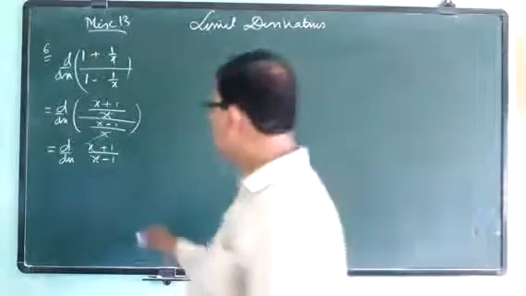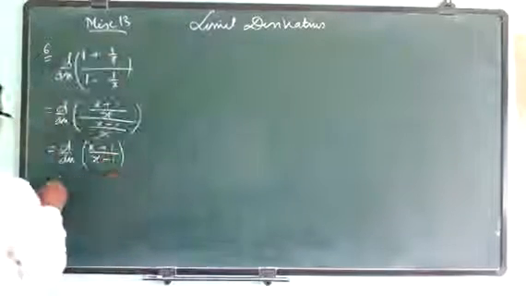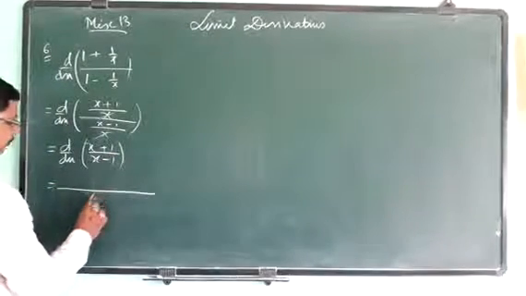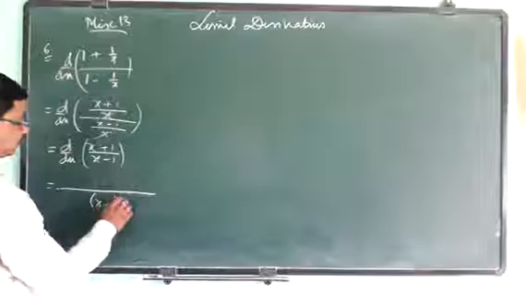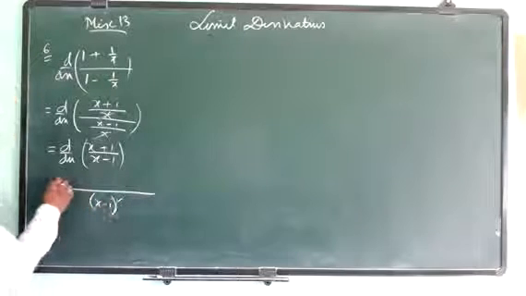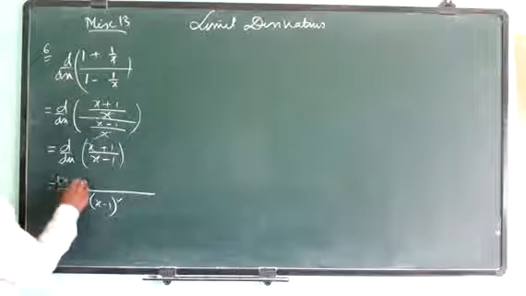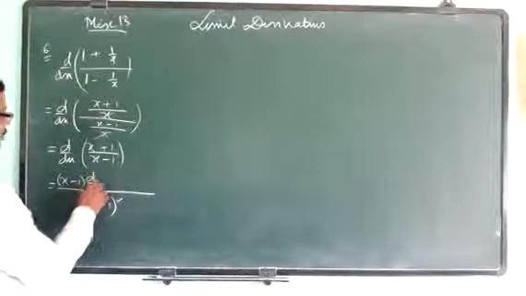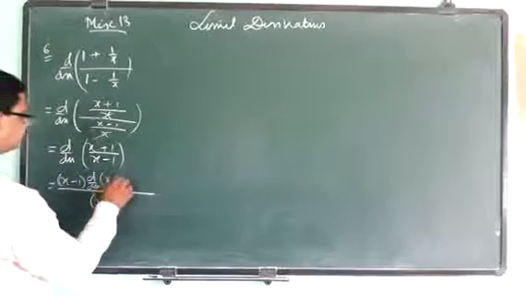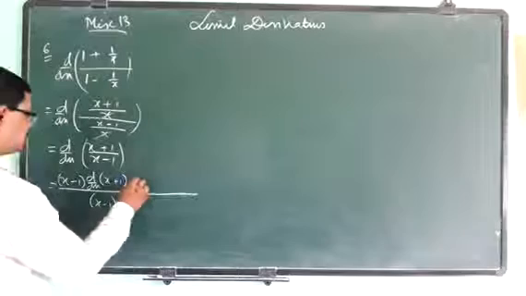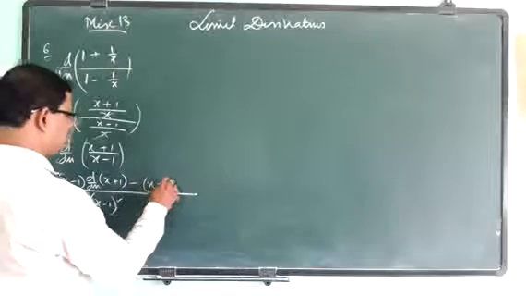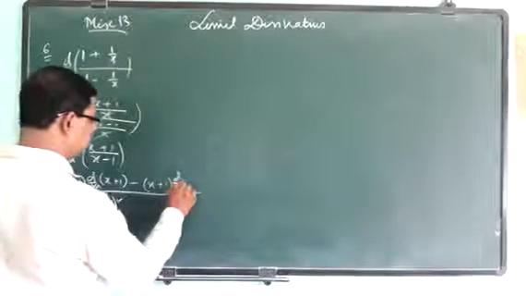Now it is in u by v form. For u by v, what do we have to write? (x minus 1) whole square, v square in the denominator. Then keep v there and differentiate the numerator, minus (x plus 1) and differentiate that (x minus 1).